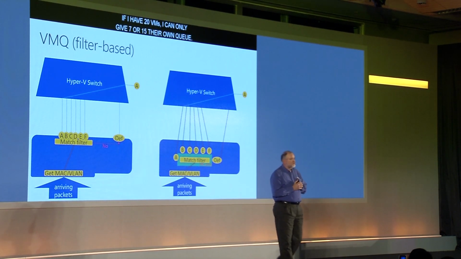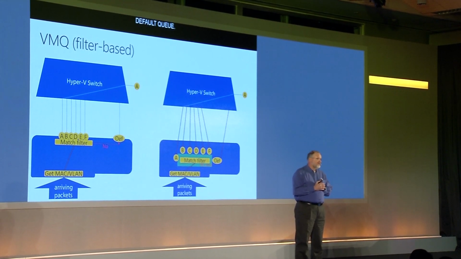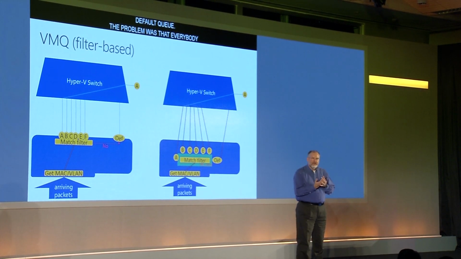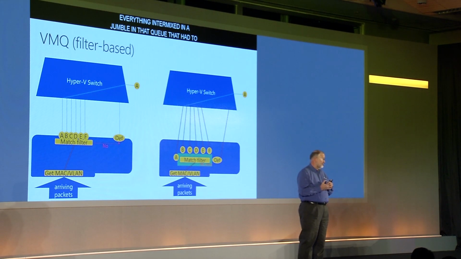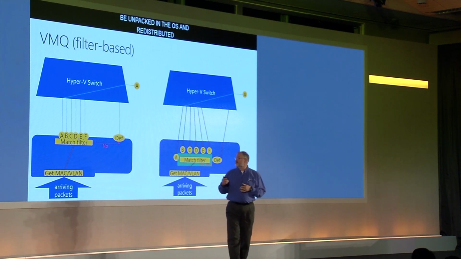The problem there was that everybody who shared the default queue had everything intermixed in a jumble in that queue that had to be unpacked in the OS and redistributed, and the performance for those VMs wasn't very good. And even today, we face this problem, and we'll see this as we go along, and how we try to solve it.